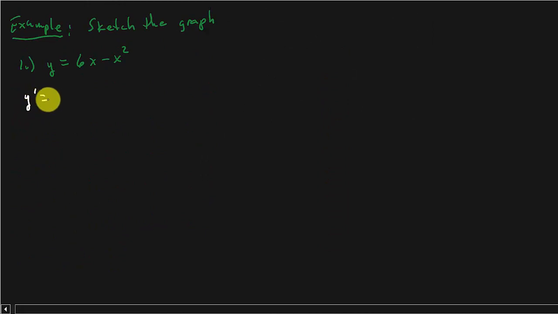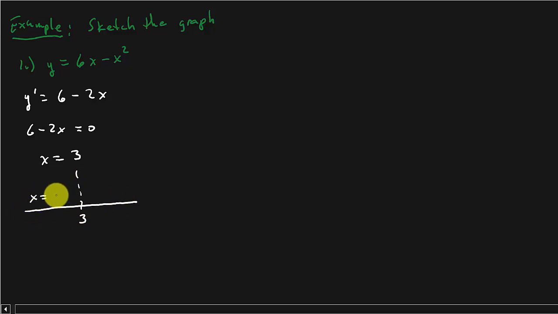So I've got y prime is 6 minus 2x. So we take the derivative, set it equal to 0, and I end up with x equal 3. Move the 2 over and then divide by 2. All right. And so now what we want to do is plot that number on the number line, choose a value from each region. Then I've got y prime of 2.